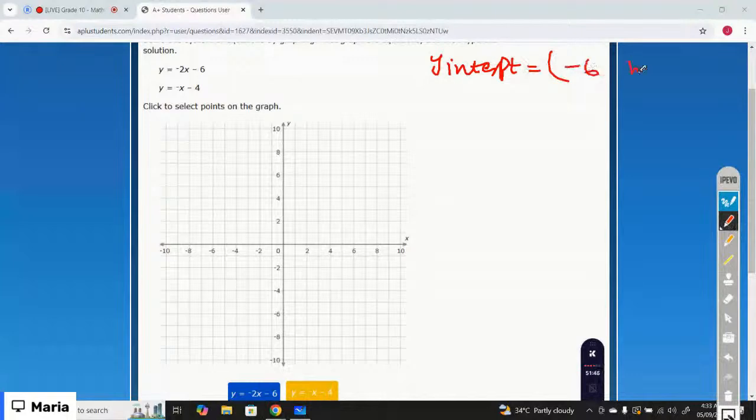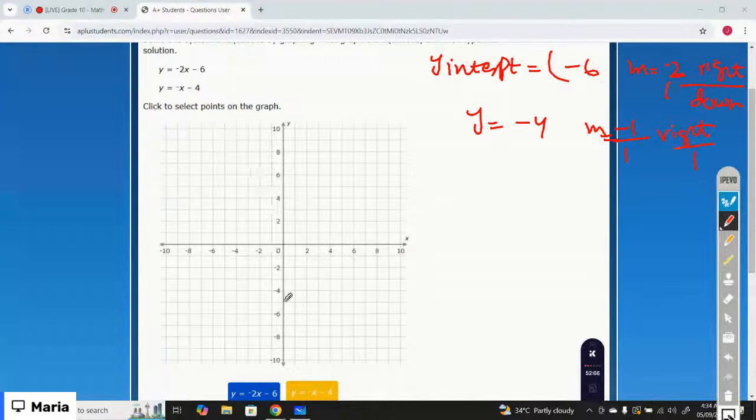And the slope is negative 2 over 1. For the second equation, the y-intercept is negative 4 and the slope is negative 1 over 1, right? That means right 1 and down 1. Let's just make these two lines, right?